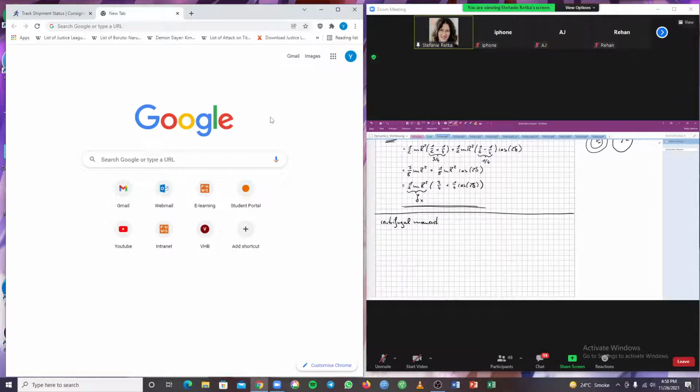Okay. This is our coordinate system, and we have maybe an object just like this.